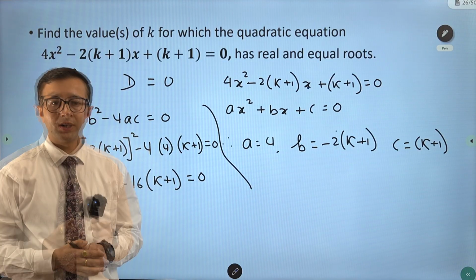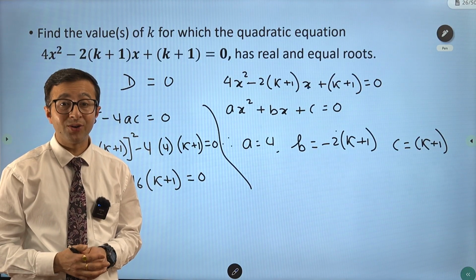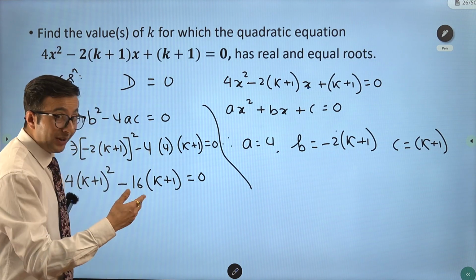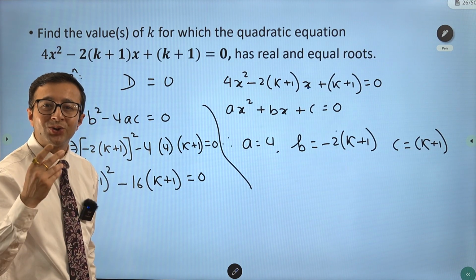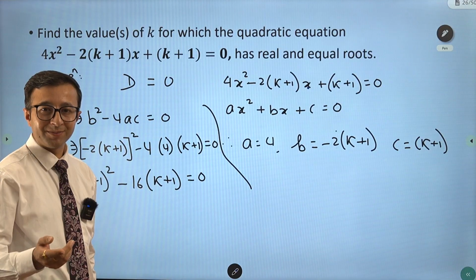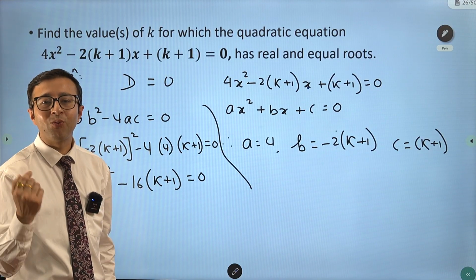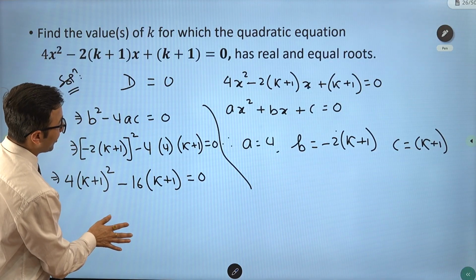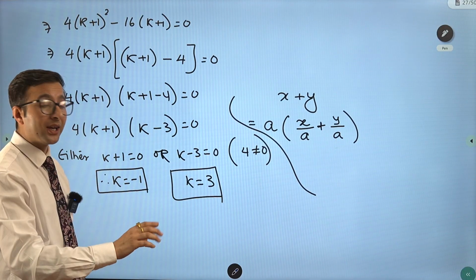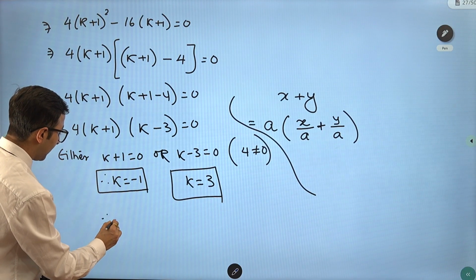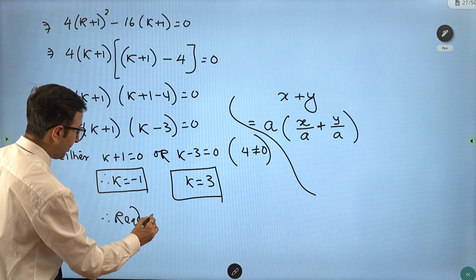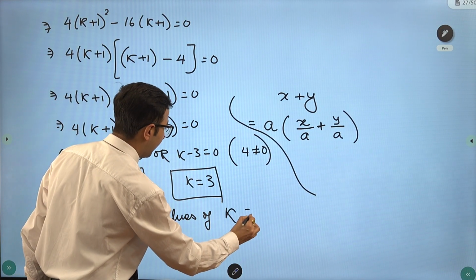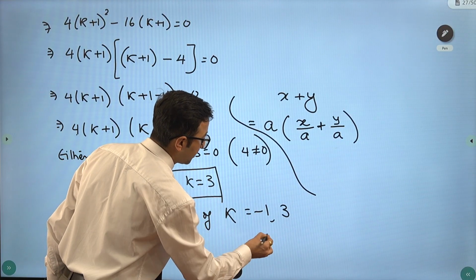That is the meaning. It is not necessary that the values of k that we are getting at the end are equal. Every time you are not going to get the two values also. Sometimes you will be getting only one value of k. For this problem we have two values of k. So the required values of k are -1 and 3.